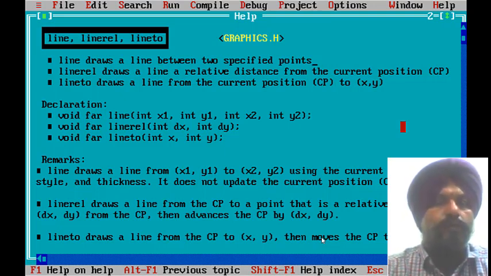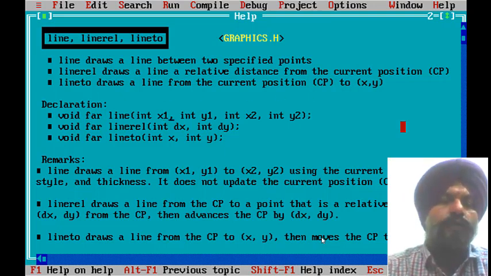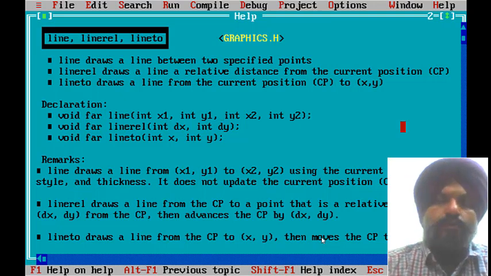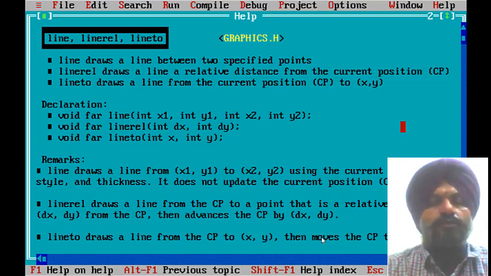The specified points are the starting point of the line, denoted by two coordinates, x-axis and y-axis. Coordinates of the starting point are denoted using x1 and y1, and the coordinates of the end point of the line are denoted using x2 and y2.